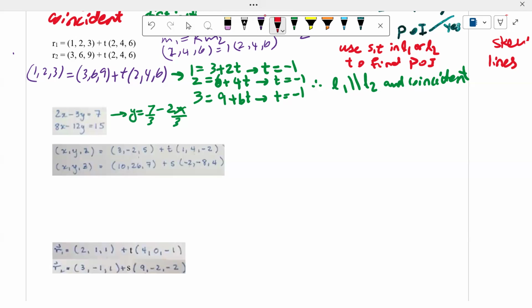So I do the same thing for the second one. So y is equal to 15 minus, and I divided by minus, so this is positive. And the second one is 15 over 12 minus 8x over 12.